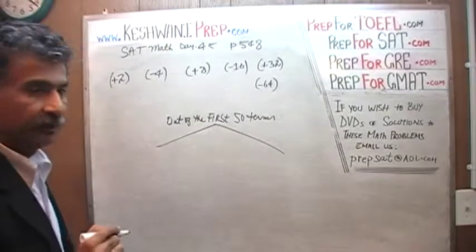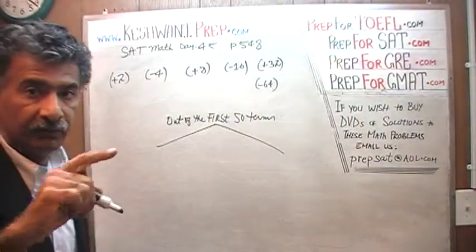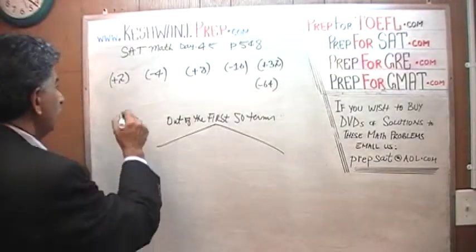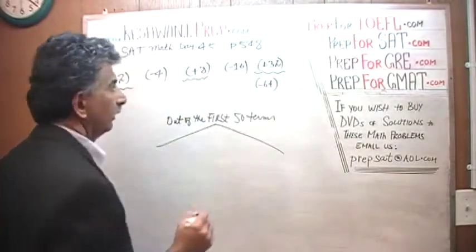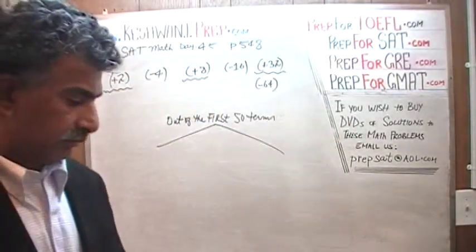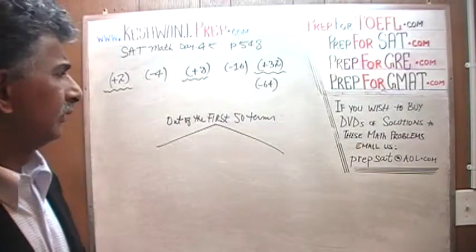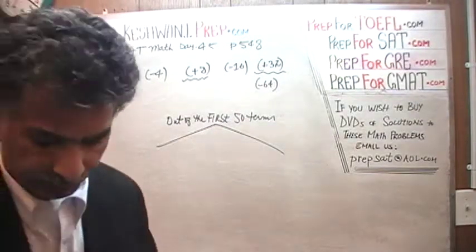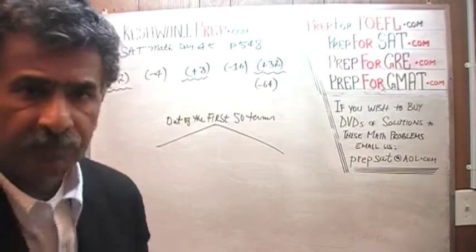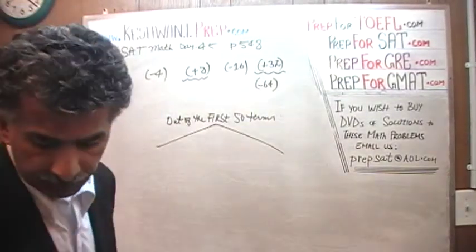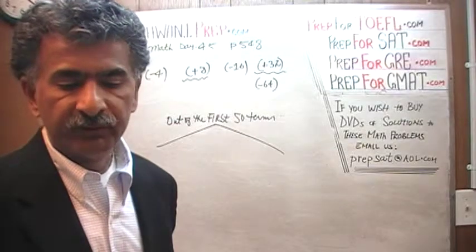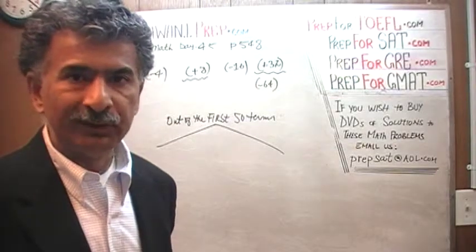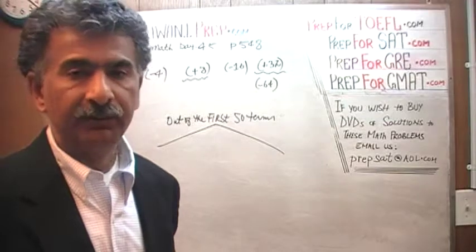What I'm trying to make you understand is that out of the first 50 terms, there are only 3 that are less than 100. One more time I'm going to say it. The question here is, how many of the first 50 terms of this sequence are less than 100?